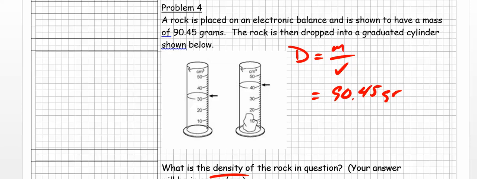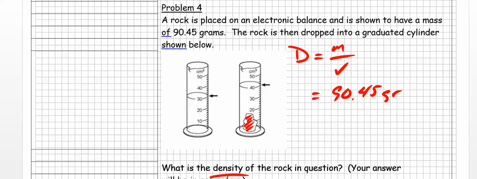But what's the volume? Well, they're not telling me the volume, they're showing me the volume. Initially I had a volume of just plain water in the graduated cylinder of 30 milliliters. That might be a little bit difficult to see, but take my word for it. But when I drop the rock into the graduated cylinder, you can see down here that the rock displaces a certain amount of water.